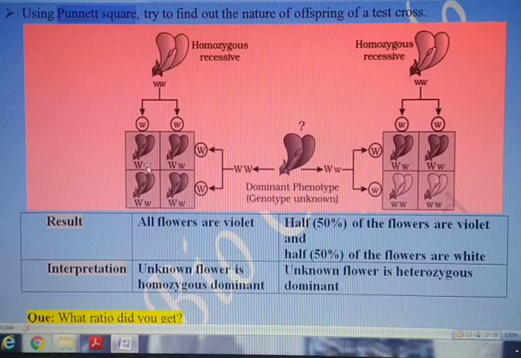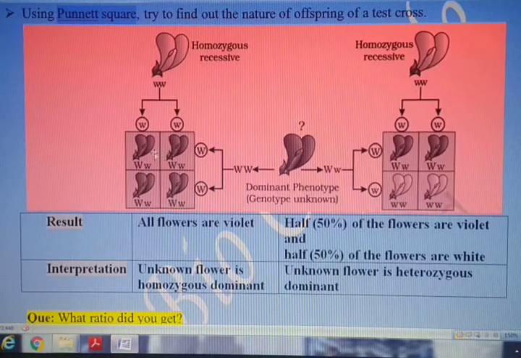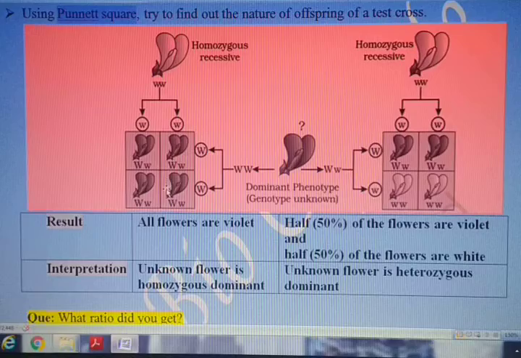Now when it is considered by using the Punnett square, what you can see over here is that in all 4 cases they are heterozygotes. Means the zygote will contain one dominant gene and one recessive gene. That means all these plants are going to show the character of development of violet flower. All flowers will be violet.